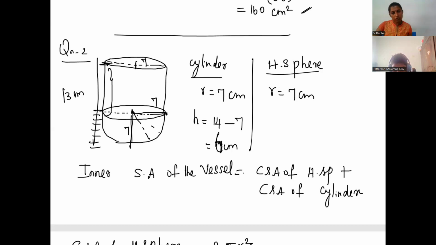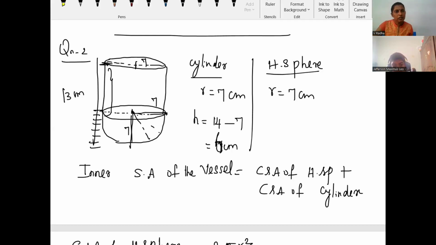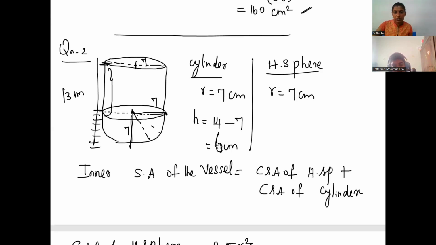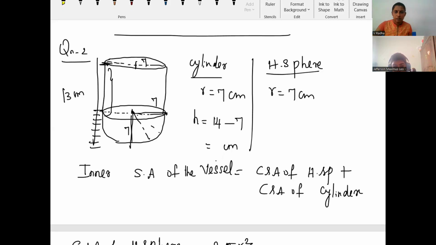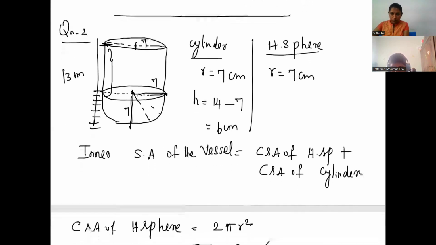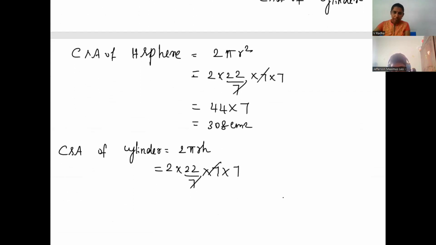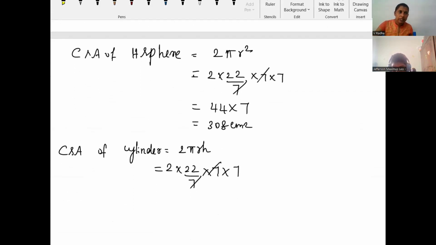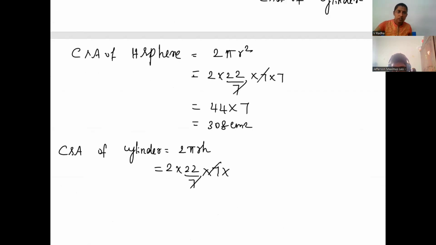Can you say yes or no? Yes, ma'am, 6 only. Mistake again. This is 6. Now the first part is exactly correct. Only the second part, the height needs to change.